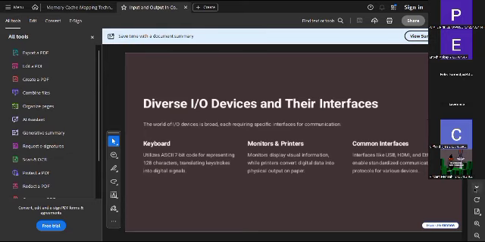The printer converts data into physical output on paper. Common interfaces like USB enable standardized communication protocols for various devices. Now, I'll be passing it to the next presenter. Thank you.